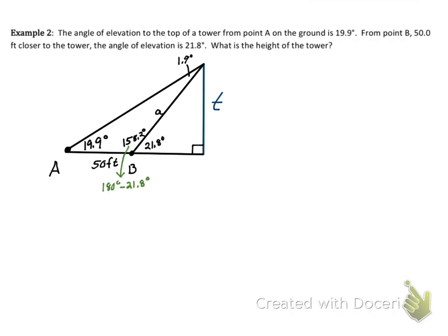because I want that angle across from 50 feet, because that's what I'm going to use my law of sines with. All right, I always want to have one where I know the angle and the side across.